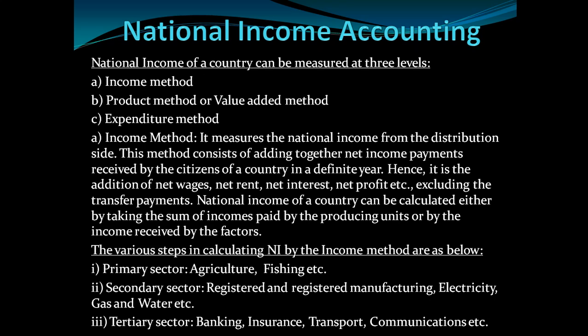First, there are basically three sectors: primary sector, secondary sector, tertiary sector. Primary includes agriculture, fishing, etc. Secondary includes manufacturing, electricity, gas, water, etc. And the tertiary, banking, finance, insurance, transport, communications, etc. So these are the three sectors.